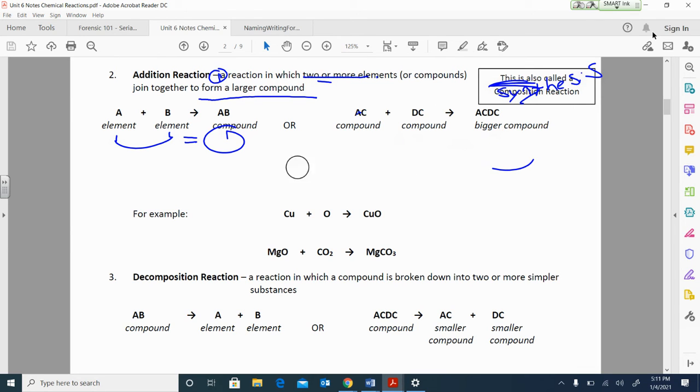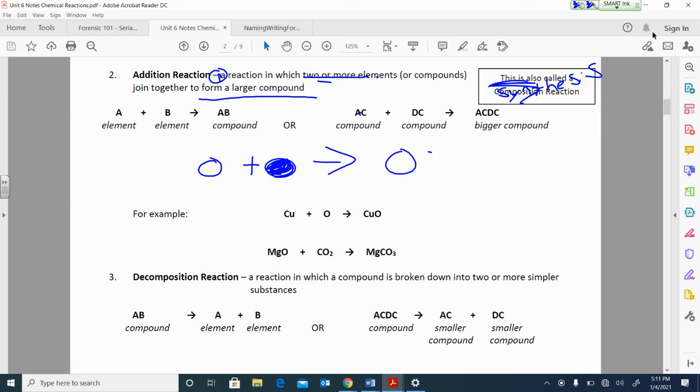If I draw a little picture of what that could look like, an element bonds with a different type of element. So I'm going to make it a different, solid color. There we go. And then it creates a compound of them being together. Okay, like that.